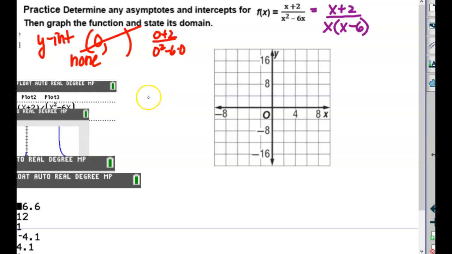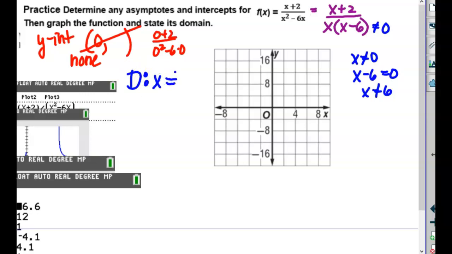The next thing is the domain restrictions, right? You say this denominator cannot equal 0. What are the two values that would make that 0? x equals 0 or x minus 6 equals 0. So we have 0 and 6. Those are not in the domain. So for the domain, you would state x cannot equal 0 or 6.